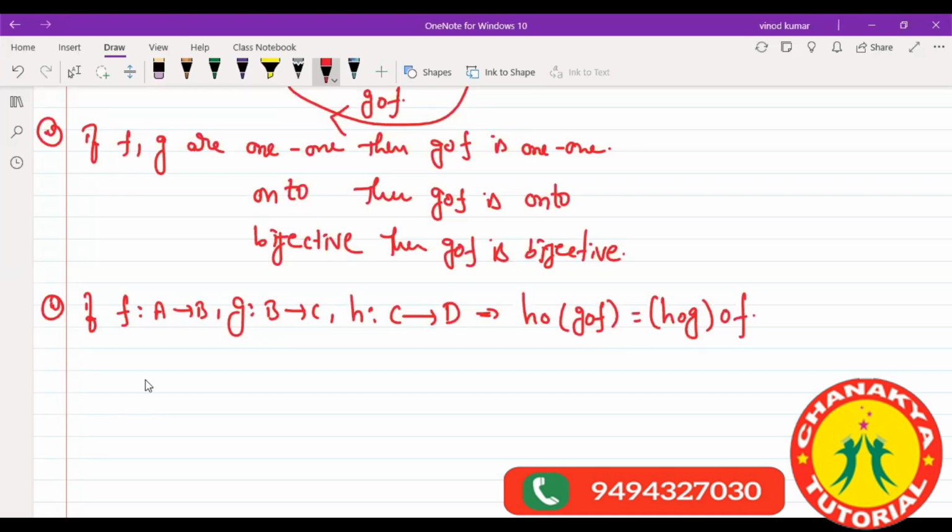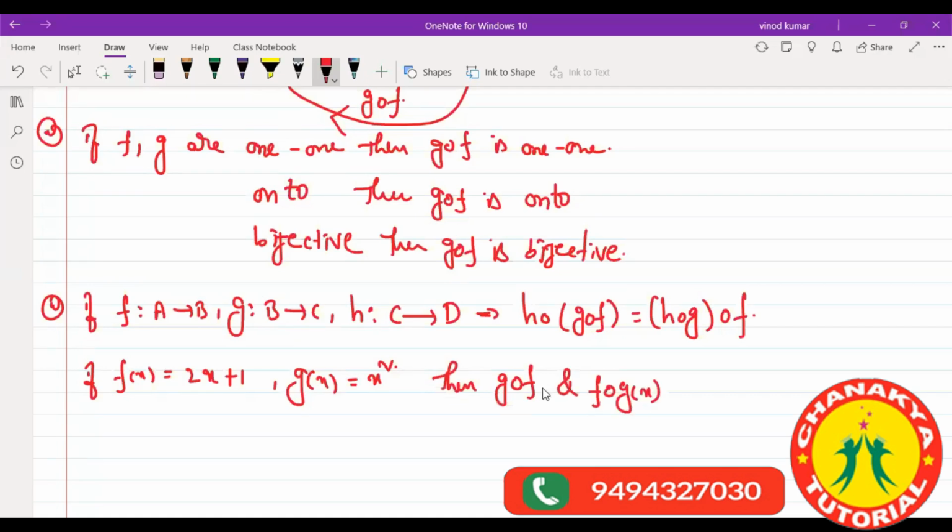Suppose here, how are we finding this? If f of x equals 2x plus 1, g of x equals x square, then we need to find g circle f and f circle g of x. So first one is g circle f of x.